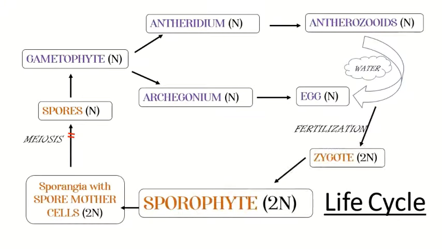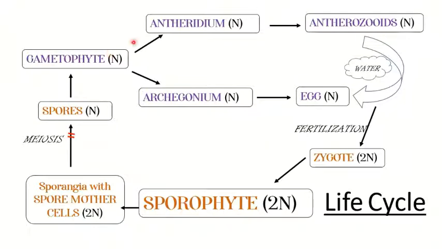Now, a review of the life cycle. Since here the main plant body is sporophyte, let's start the study with sporophyte. The sporophyte is diploid, 2N. It has sporangia with the spore mother cells, which again are diploid. They undergo meiosis to form spores. These spores will form the gametophyte after germination.